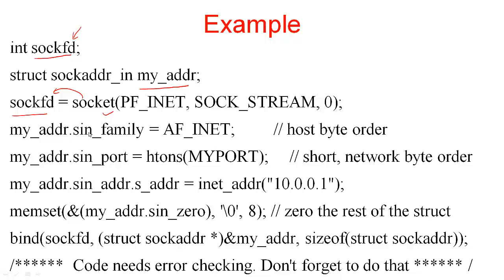So this my address family, I set it equal to this. The port, I'm going to set it equal to my port. Again, this is defined somewhere, and I'm going to set it equal to this particular IP address. So that is shown here, and I'm going to set the remaining values equal to 0 using this memset command, and then I am going to bind this open socket with this information which is related to my address information.